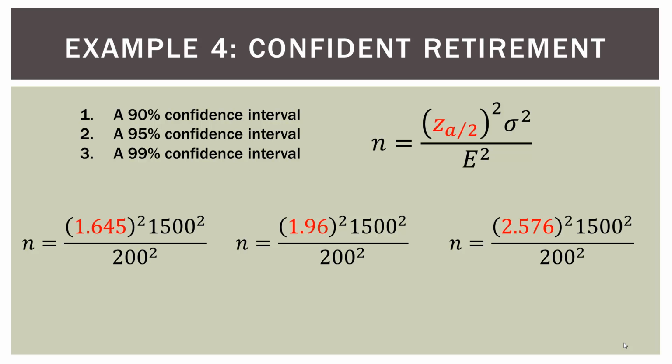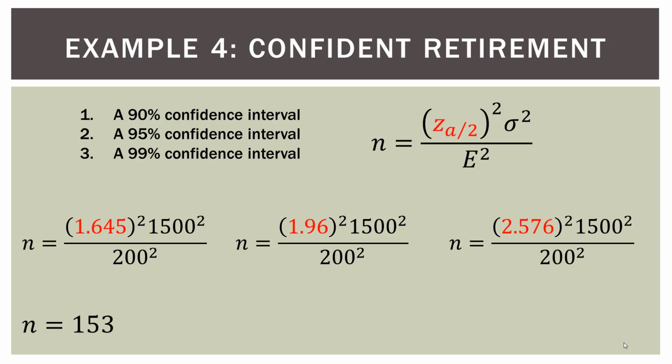We want 95% of our interval estimates, our sample mean estimates, to contain the actual population mean. And then for 99%, that's just what it says it is. We want 99% of many, many samples to contain the actual population mean. So what do you think that's going to do to our sample size? Okay, so let's go ahead and do these calculations.